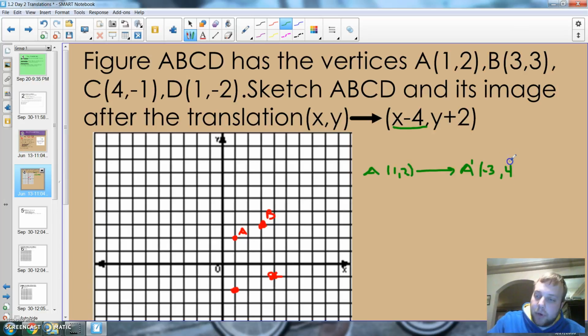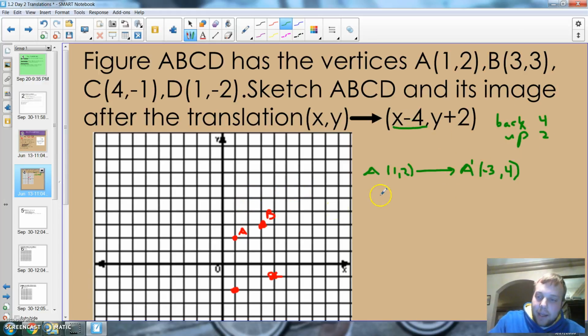Now let's see where that point is. Now remember, I said back, turn this into layman's terms, back 4, up 2. Right? Because I went back 4, up 2. And let's see what this looks like.